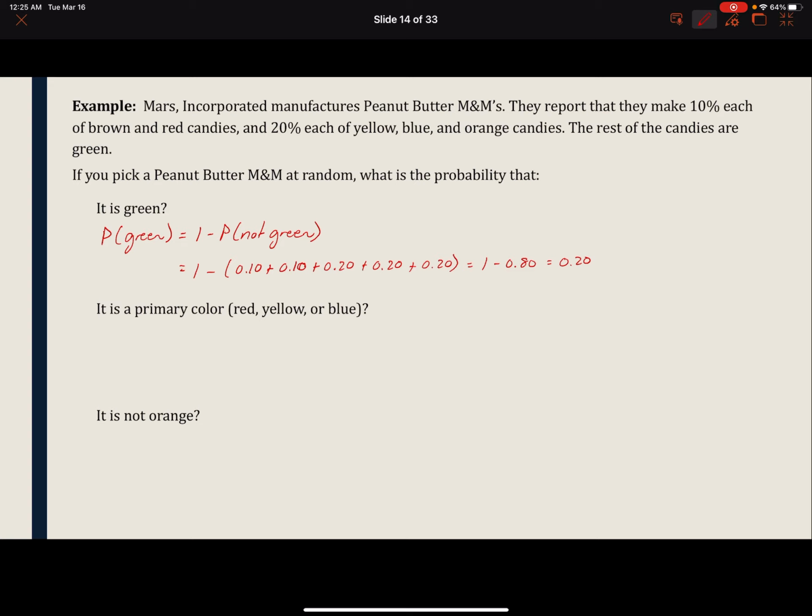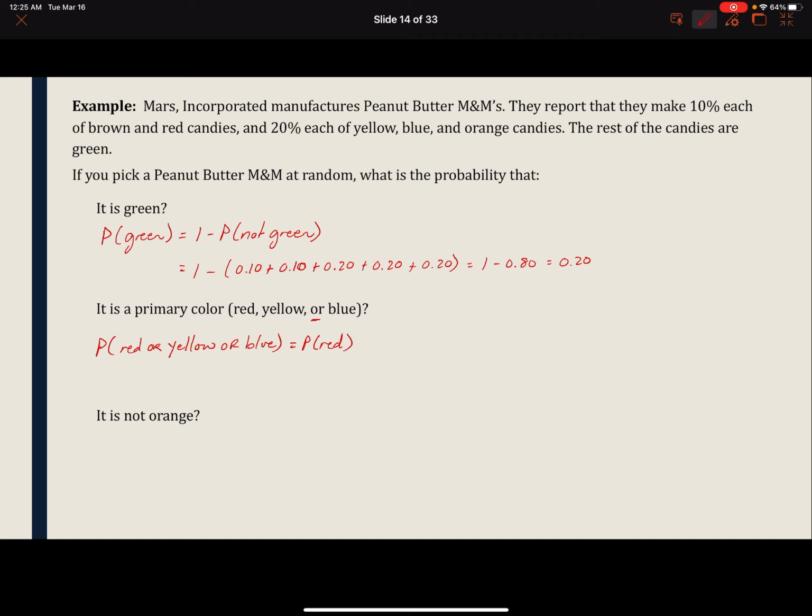If we want to find the probability that a randomly chosen peanut butter M&M is red, yellow, or blue, I have an or here, but these are mutually exclusive events because it's not possible for M&Ms to have more than one color. So if I want to find the probability that they are red or yellow or blue, we would add the probabilities together.